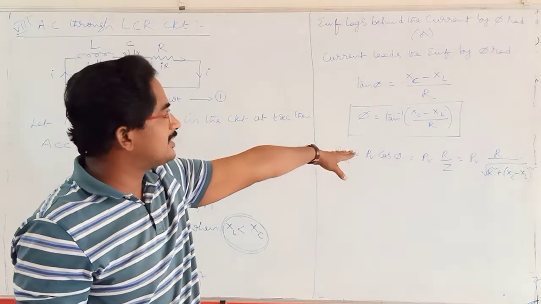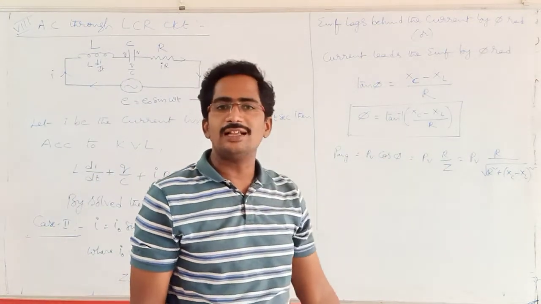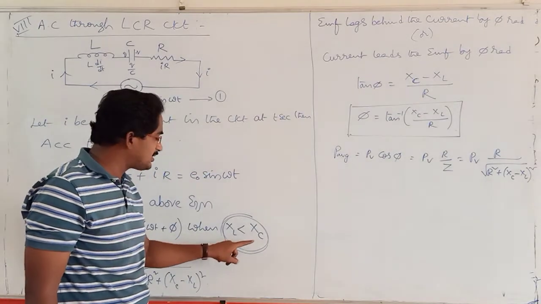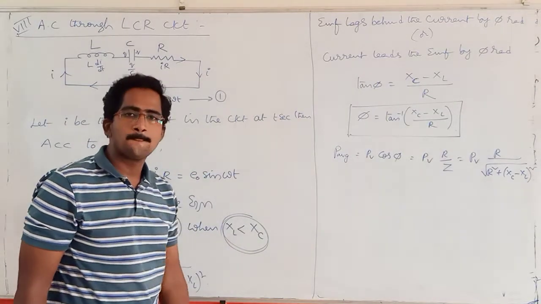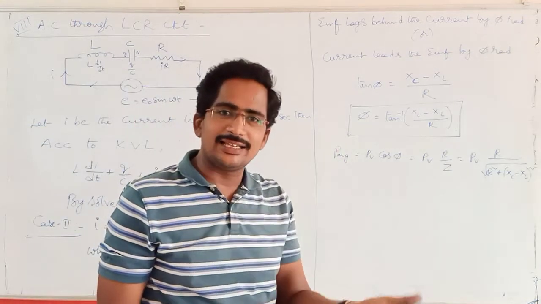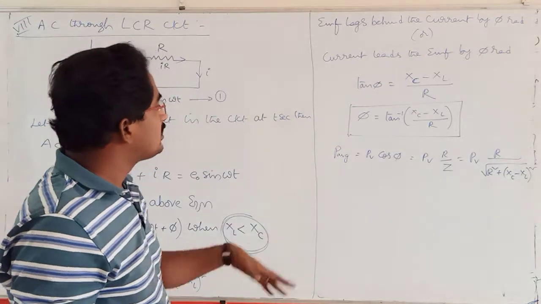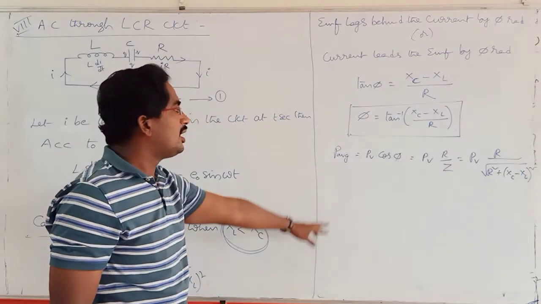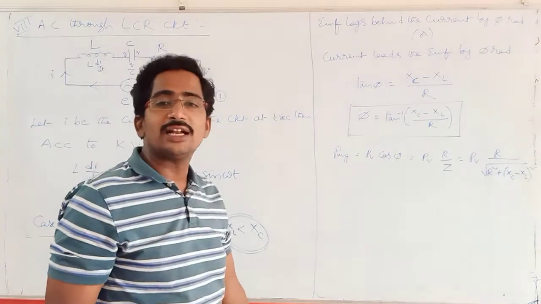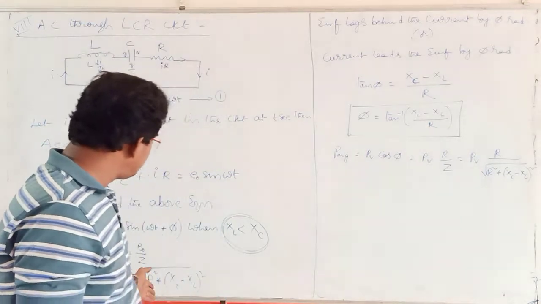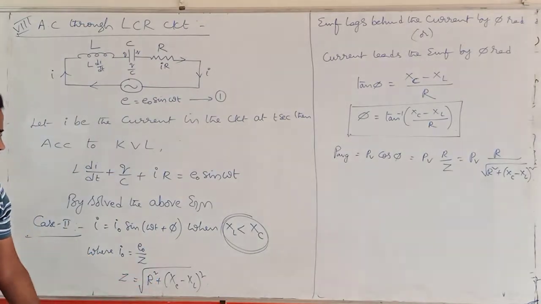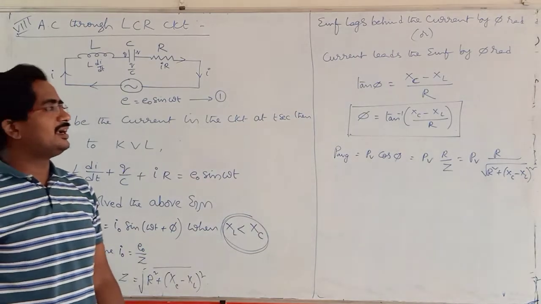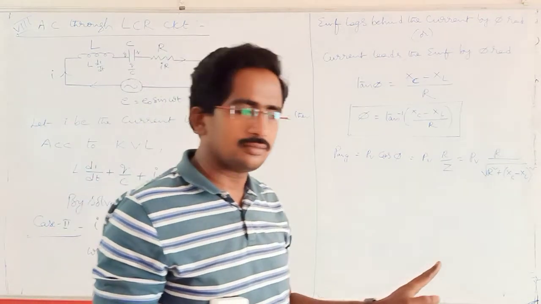That is the average power consumed in the circuit for XL less than XC, and that is the phase difference. And this is the impedance, and this is the maximum current. So with that, the second case is over.